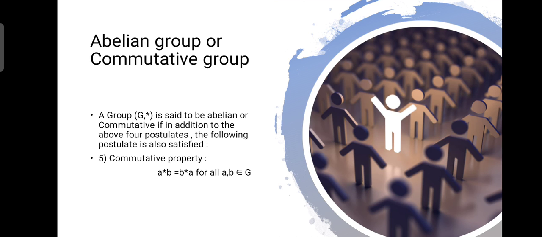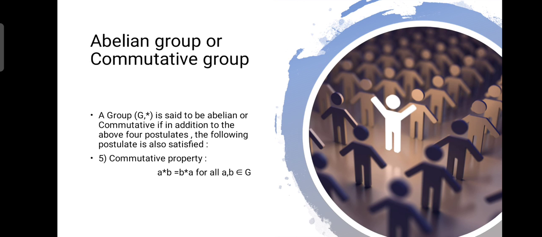Next thing is abelian group or commutative group. A group (G, star) is said to be abelian or commutative if, in addition to the above four postulates, or we can say properties, the following property is also satisfied. Which property is it? It is commutative property. Commutative property says that the order in which we combine two elements doesn't matter because the resultant is always the same.